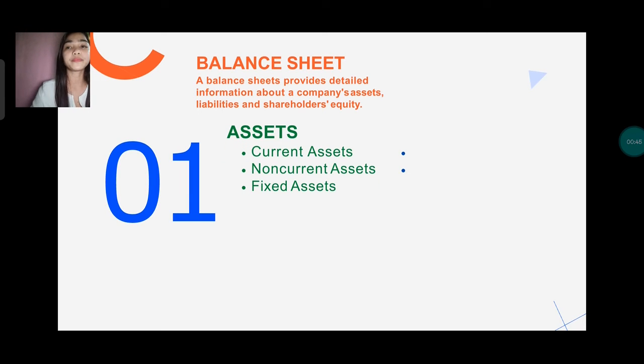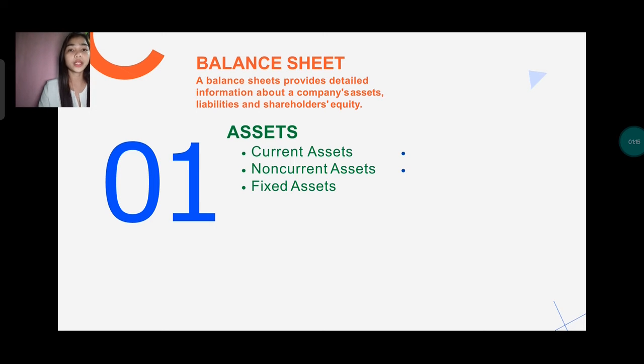Assets are things that a company owns that have value. Examples are machinery, property, raw materials, and inventory, and intangible items like patents, royalties, and other intellectual properties. Assets also have three types: current assets, non-current assets, and fixed assets. Current assets are things a company expects to convert to cash within 1 year.